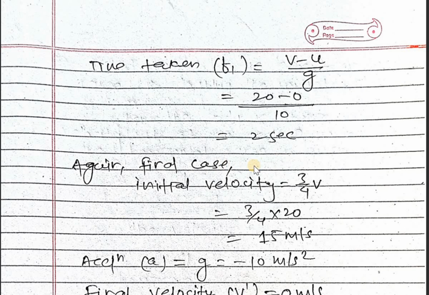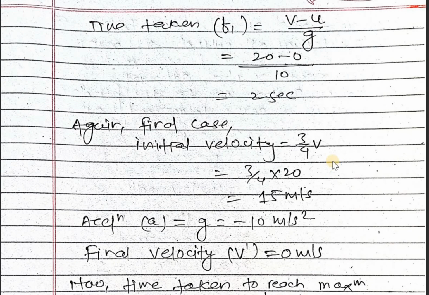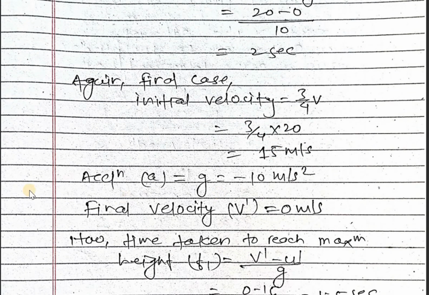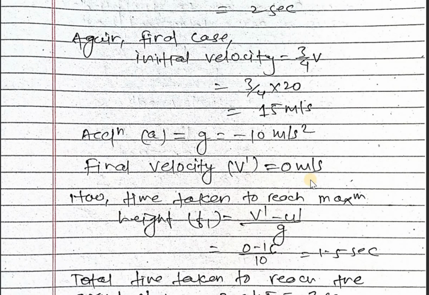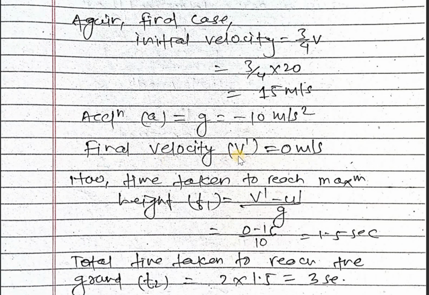Again, final case, initial velocity is 3 by 4 of final velocity. This condition is mentioned in the question. So 3 by 4 into 20, that is 15 meter per second, and acceleration a equal to minus 10 meter per second square, that is final velocity v dash equal to 0.